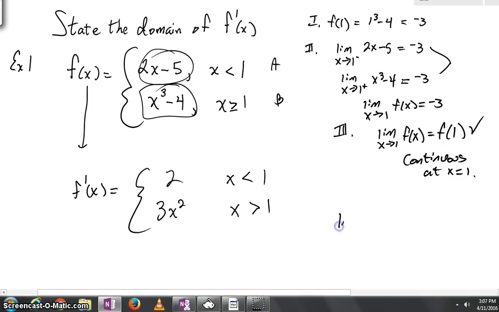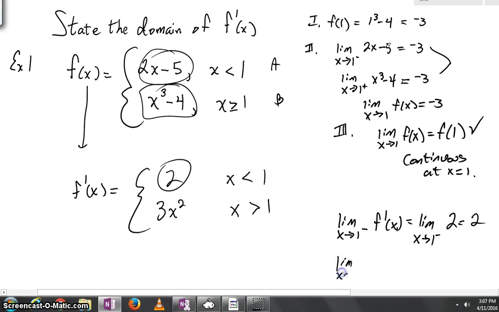Let's think about this. The limit as x approaches 1 from the left of our derivative would be really the limit as x approaches 1 from the left of 2. And what would that tangent line slope have to equal? 2. Then you could say, now wait a minute, what if I approach 1 from the right side?